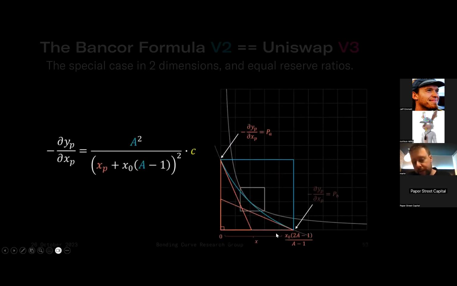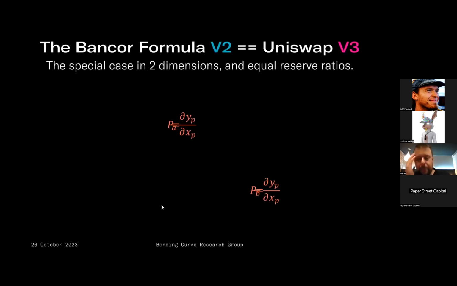And so if we plug that point into this equation, then we're going to get another derivative. This time we're going to call this one PB. So PB is the more shallow of the two, meaning that by definition, PA is going to be a larger number than PB. And this is, again, I think a more intuitive way to think about things.